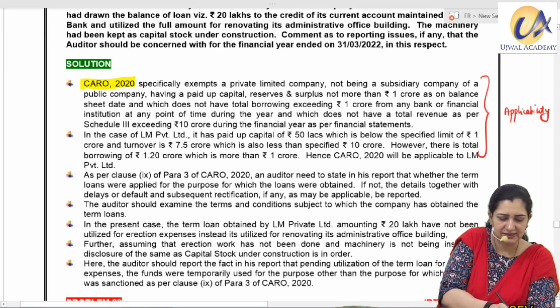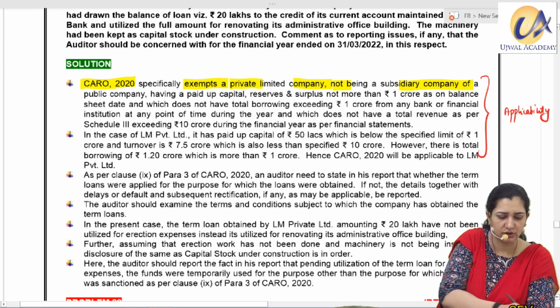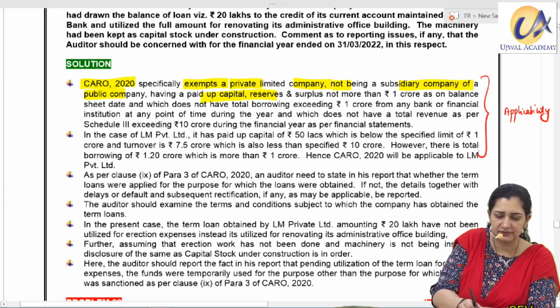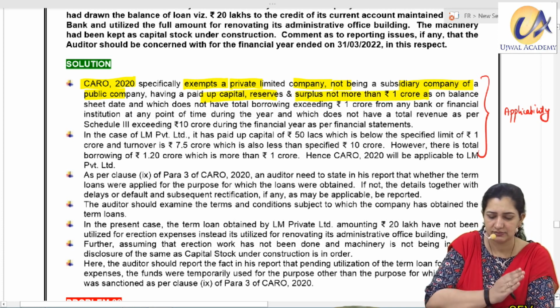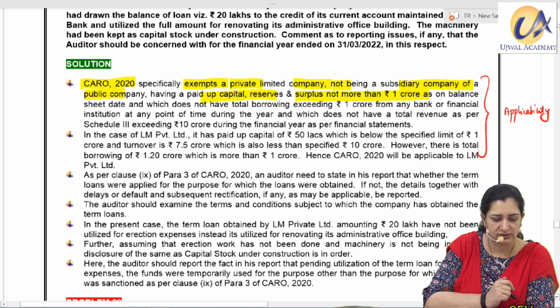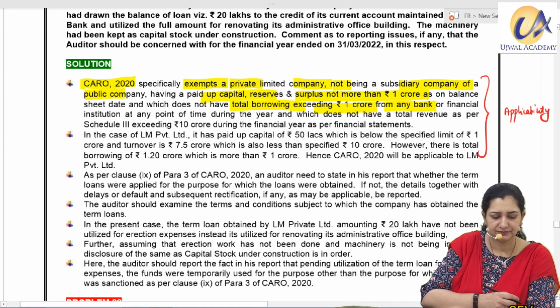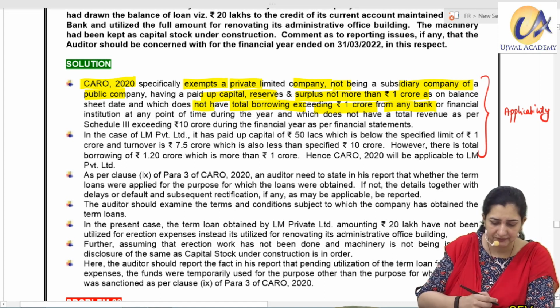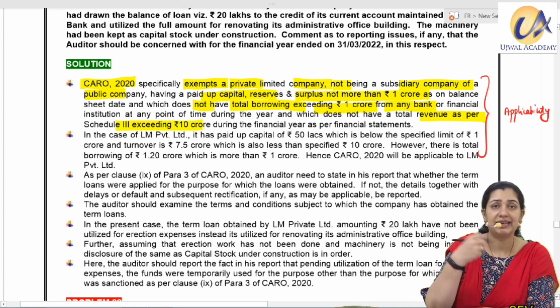So CARO exempts a private company not being a subsidiary or a holding of a public company, with paid up capital and reserves less than or equal to 1 crore, total borrowings less than or equal to 1 crore from bank or FI at any point of time, and which doesn't have a revenue of 10 crores and above.